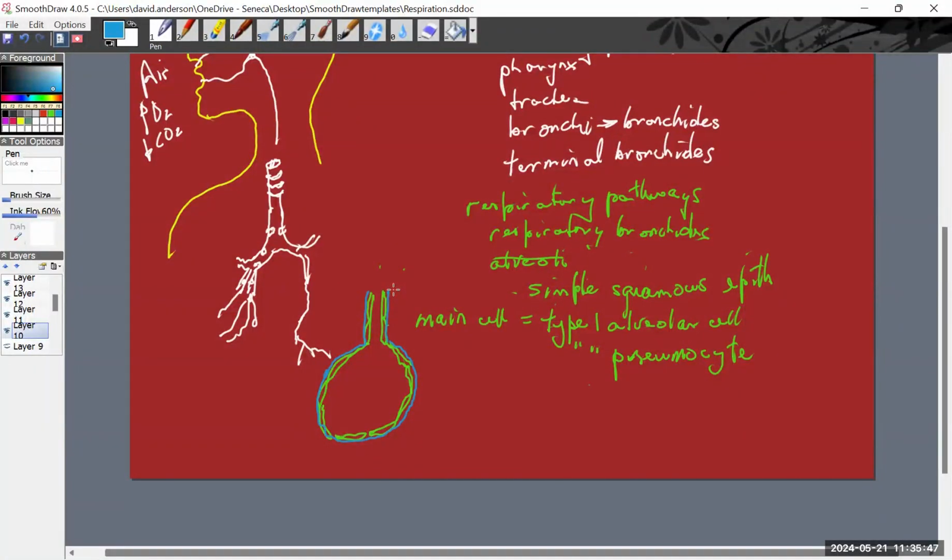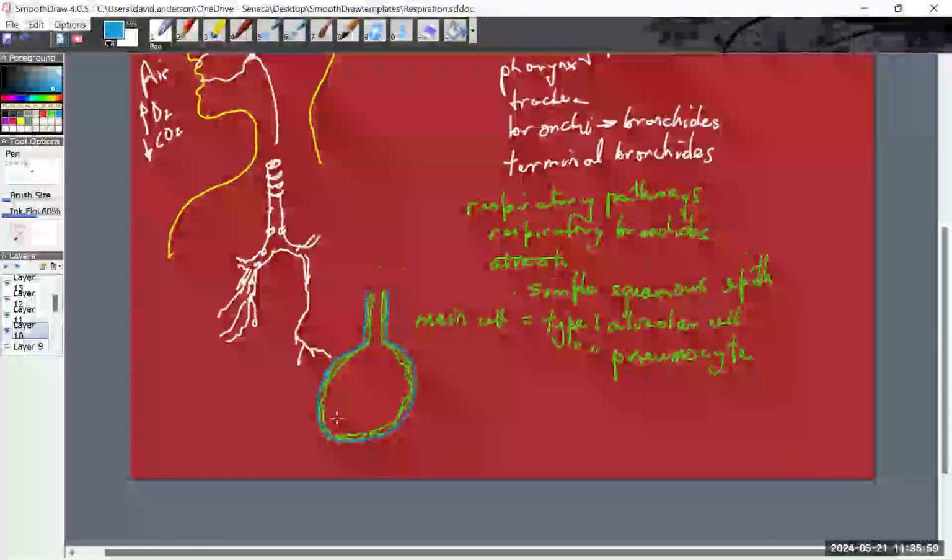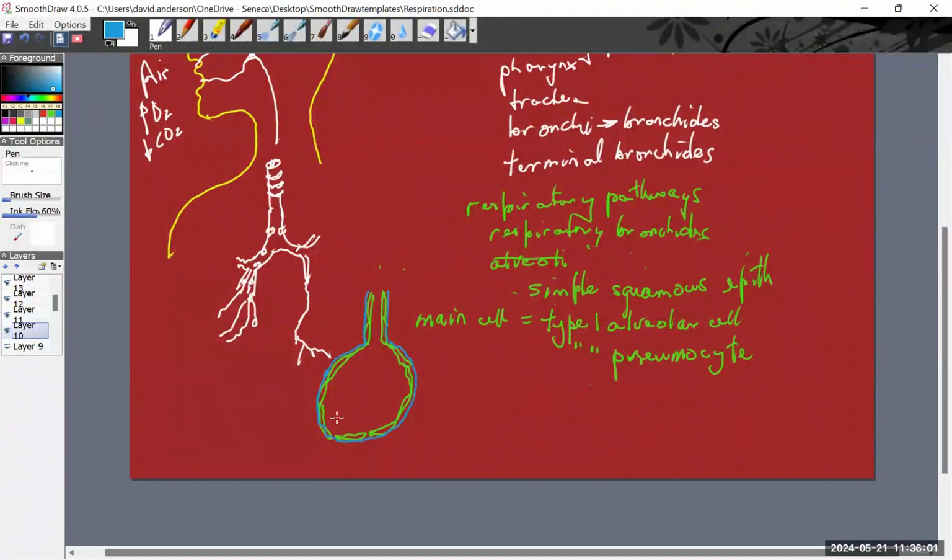Okay, at a capillary zone, we've got a simple squamous epithelium here. And we're going to see later that it is going to be very, very close to a blood supply, which is the pulmonary blood supply. But right now we're looking at the anatomy of the alveolus.